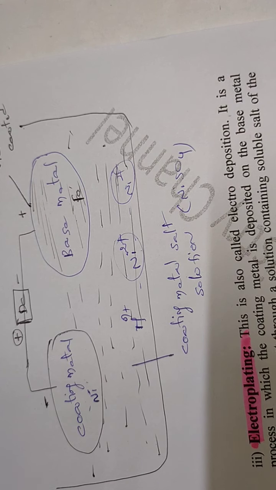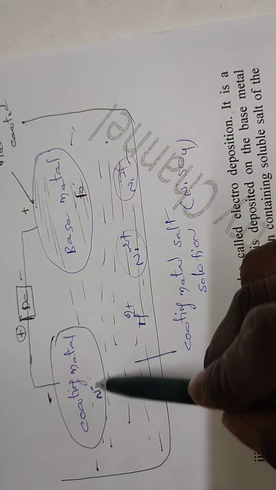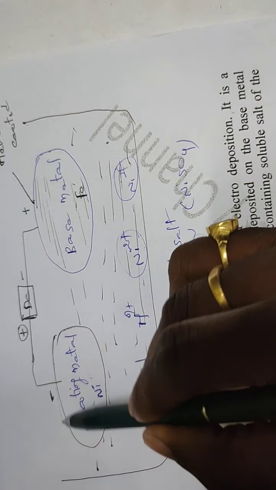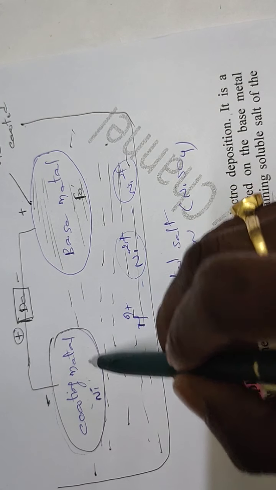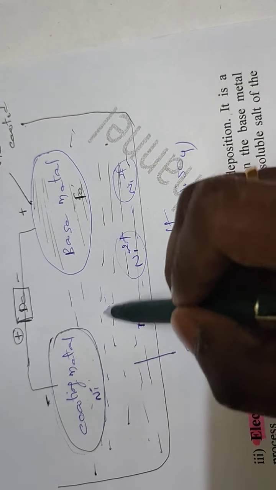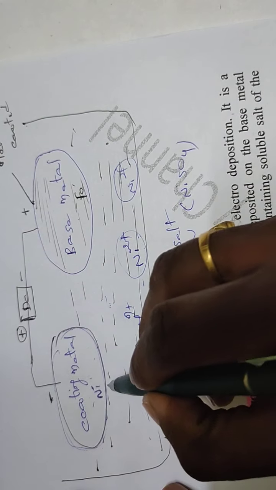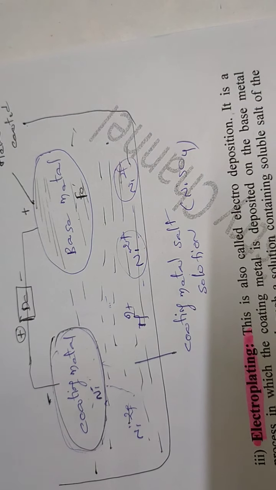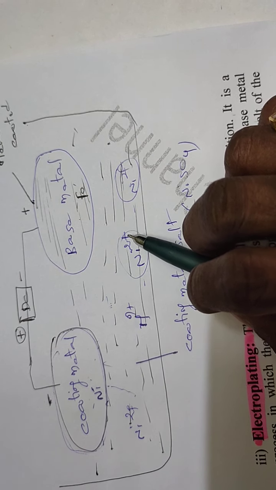What happens when the coating metal is dipped in its own salt solution? The surface of the metal undergoes ionization and loses its positively charged ions into the solution. After ionization, the coating metal loses its positively charged ions into the solution initially. So the electrolyte contains some Ni2+ ions.